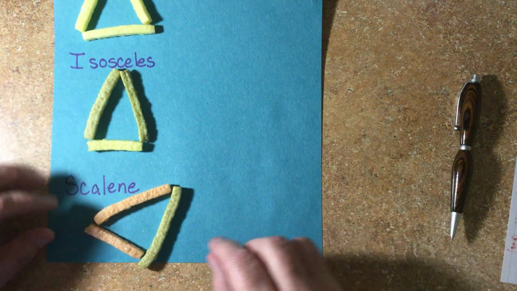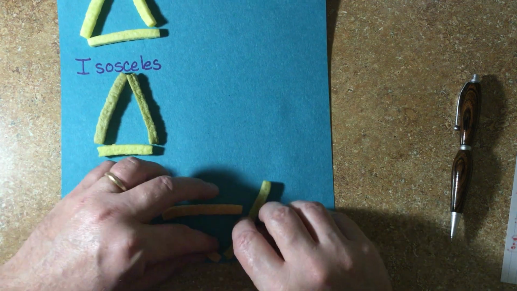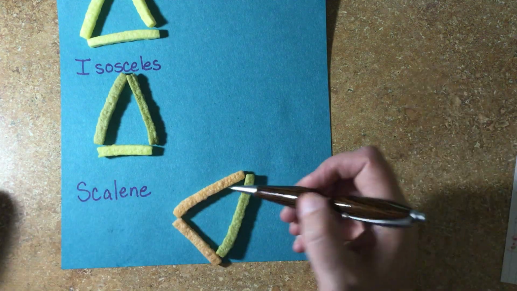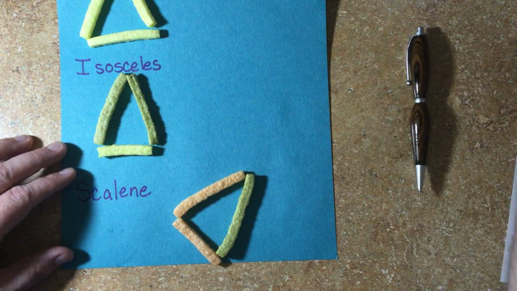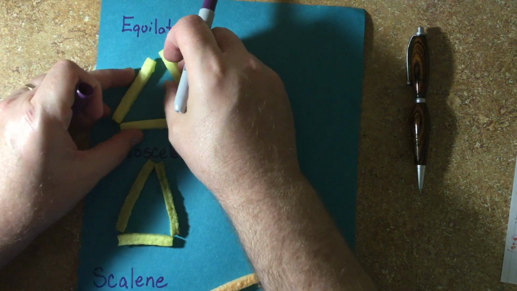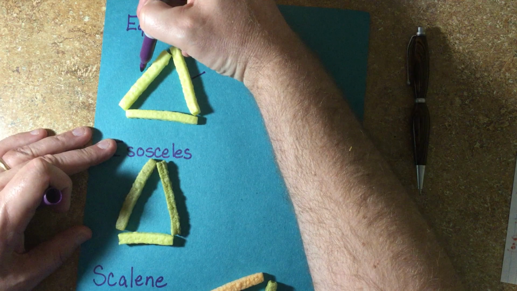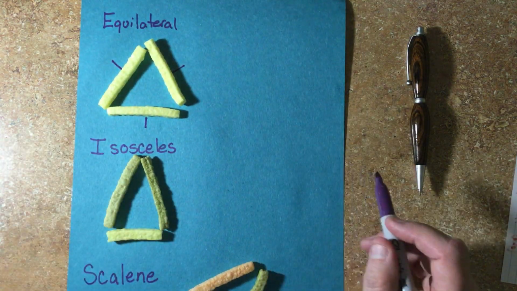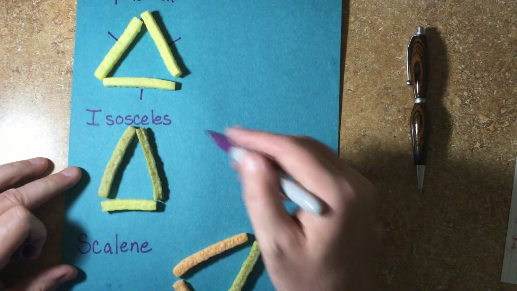There we go, so you can see, I have a short side, a long side, and kind of a medium side. And if I wanted to, I could go ahead and mark these. We would say that these are equal, so I'm going to put the same mark on each one of them. Sorry about the shadow there. That's better. You can see it.